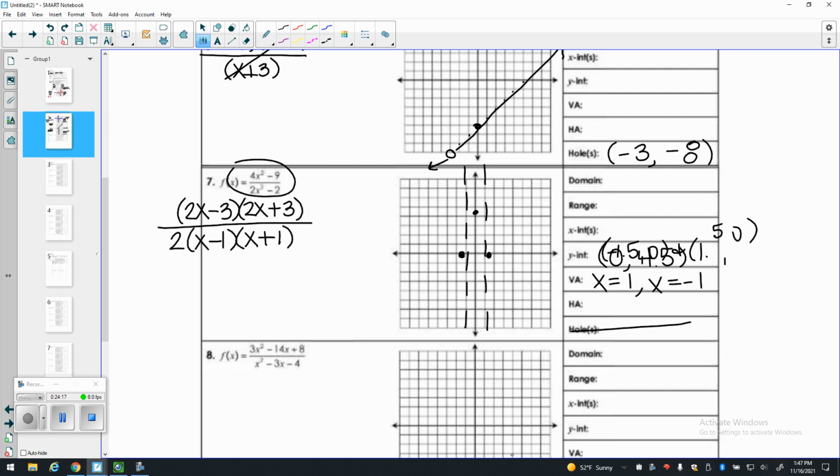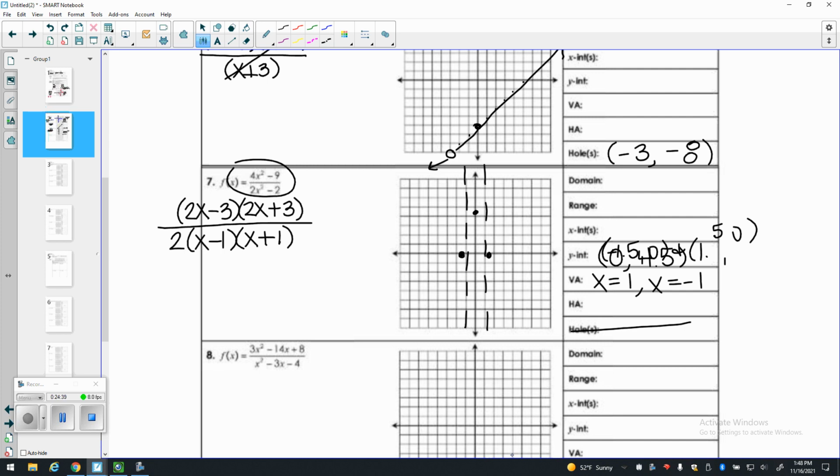Okay. Top heavy, bottom heavy, the same. What's my degree of my numerator? 2. Did everybody see that?